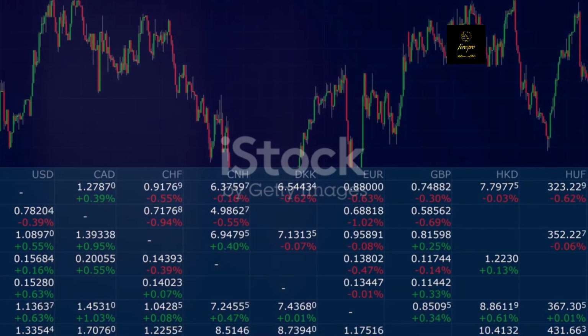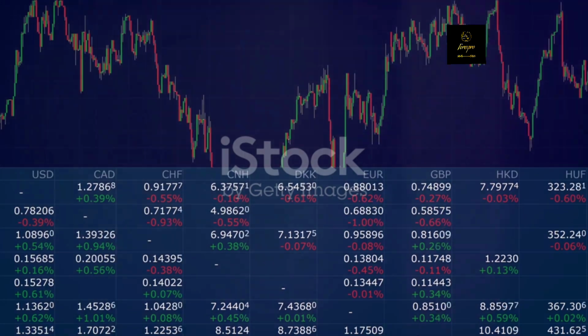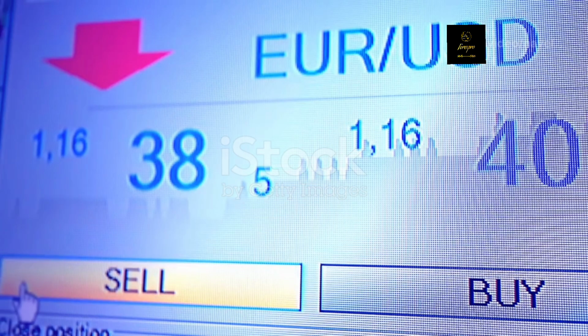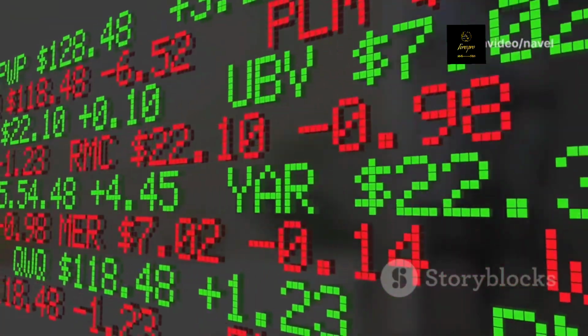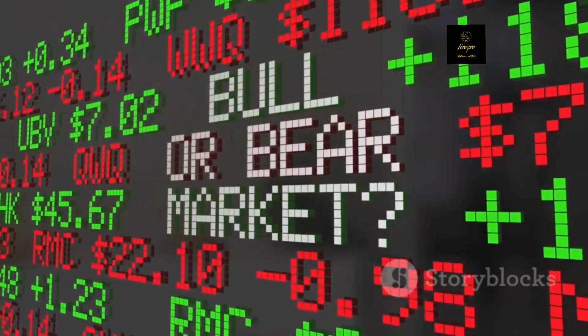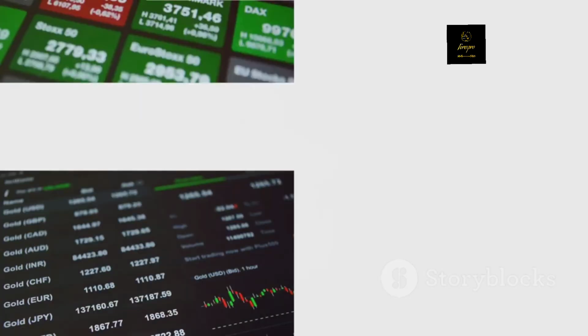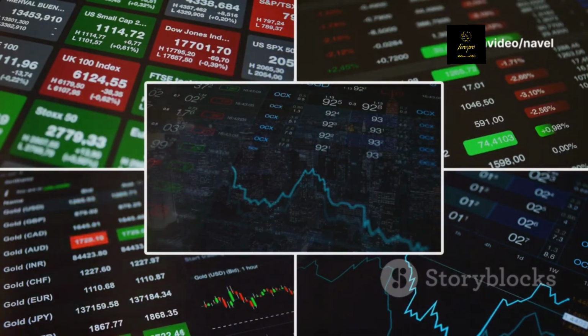We briefly touched on the spread earlier, but it's such an important concept that it deserves its own chapter. As a reminder, the spread is the difference between the bid and ask price of a currency pair. It's essentially the commission or transaction fee that you pay to your broker for executing your trades. Spreads can vary widely between brokers and currency pairs.